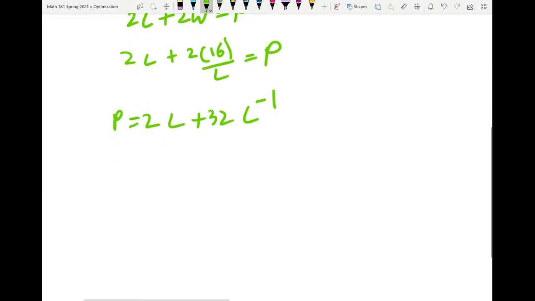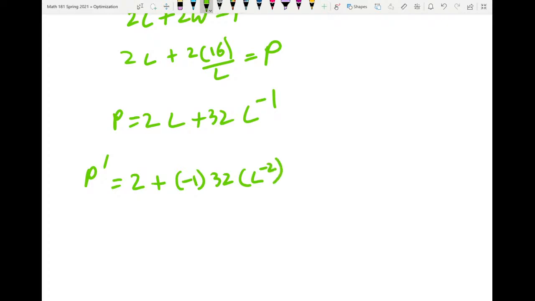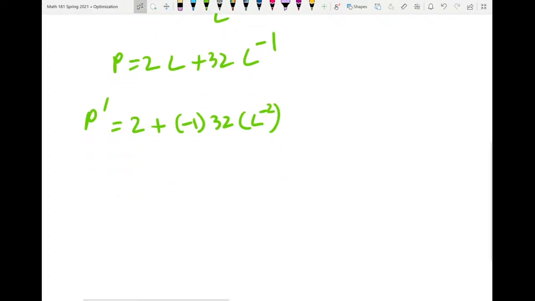Now we can work with that, because if I take the derivative of P, I get 2 minus 32 L to the negative 2, which simplifies to 2 minus 32 over L squared.